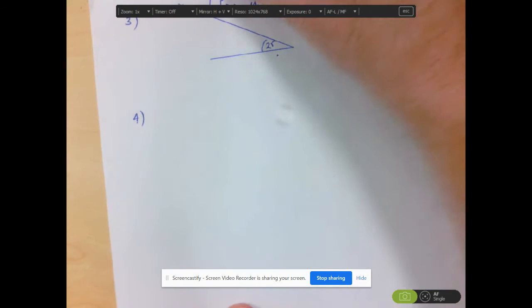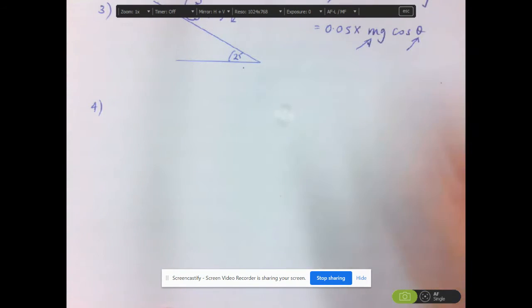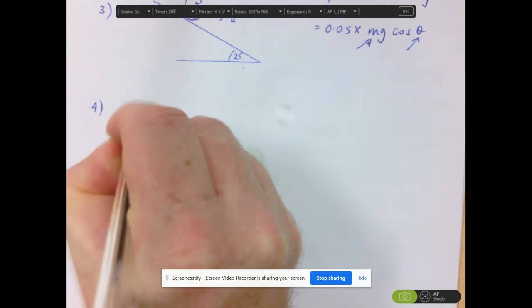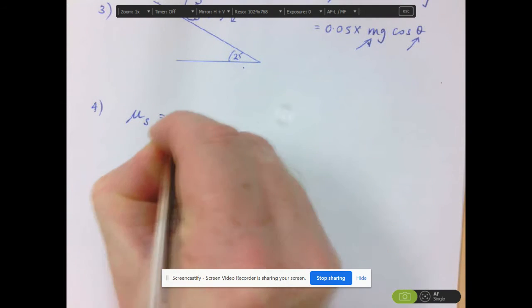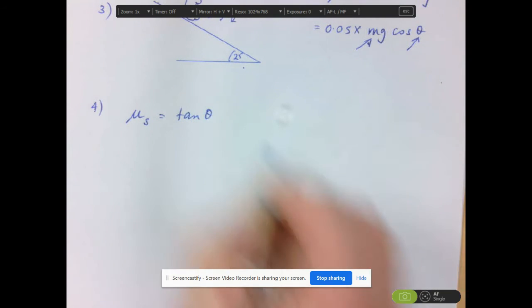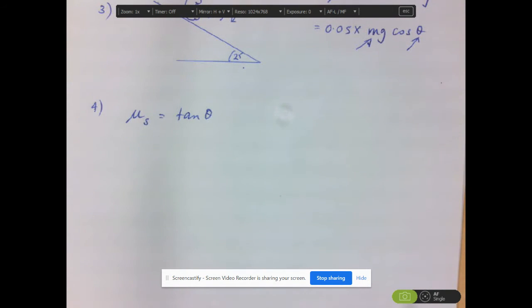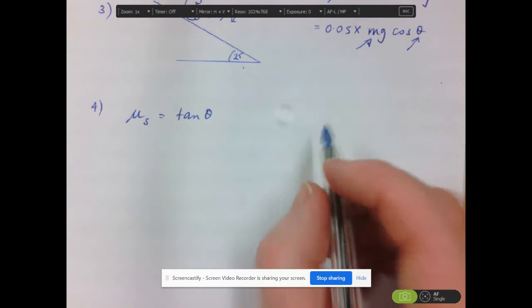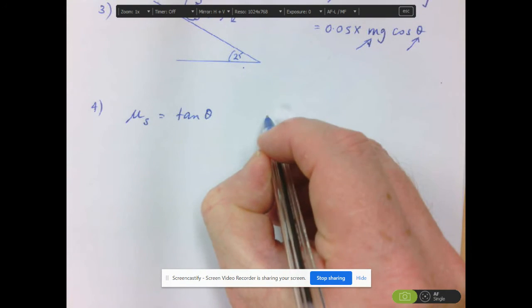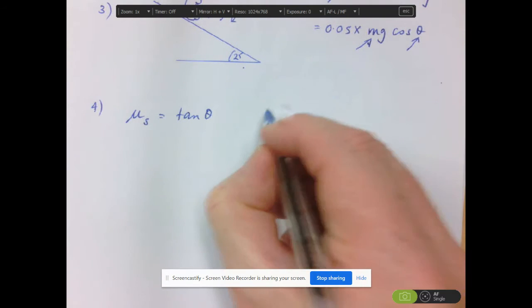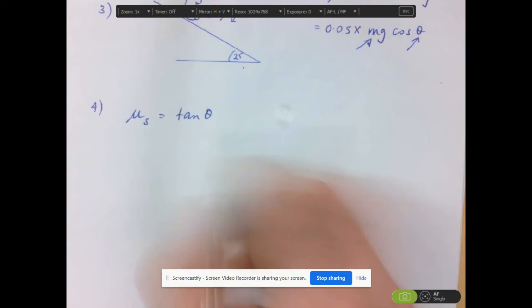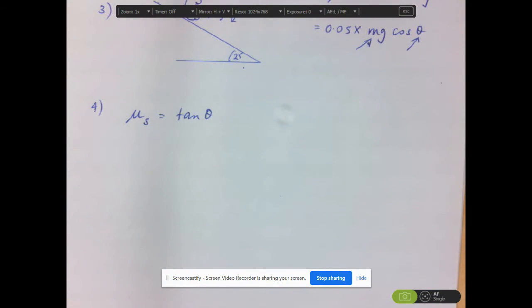Well, from our theory that we've already done, we know the coefficient of static friction is equal to tan of the angle that makes the object first move. So you're going to use that in this question.